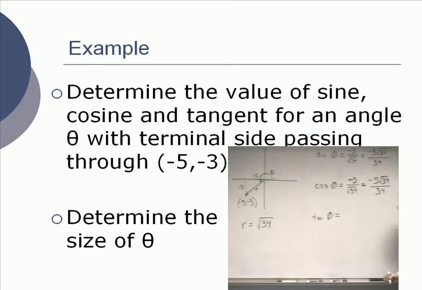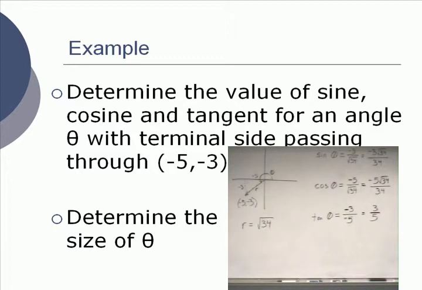Tangent. Opposite is negative 3. Adjacent is negative 5. Now that simplifies just slightly. What does that become? 3/5. Okay, so we found sine, cosine, tangent. Sine of theta is negative 3 root 34 over 34. Cosine is negative 5 root 34 over 34, and tangent is 3/5. Okay, so we've answered 3 parts of the question.